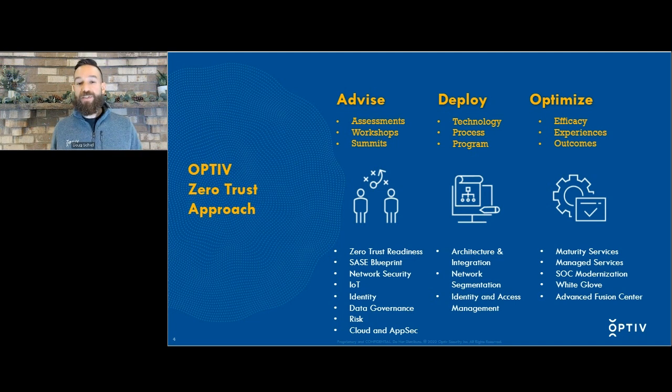And so in our optimization phase, we're going to ensure that you're getting the efficacy out of that zero trust framework, that zero trust journey, and that set of tools, right?